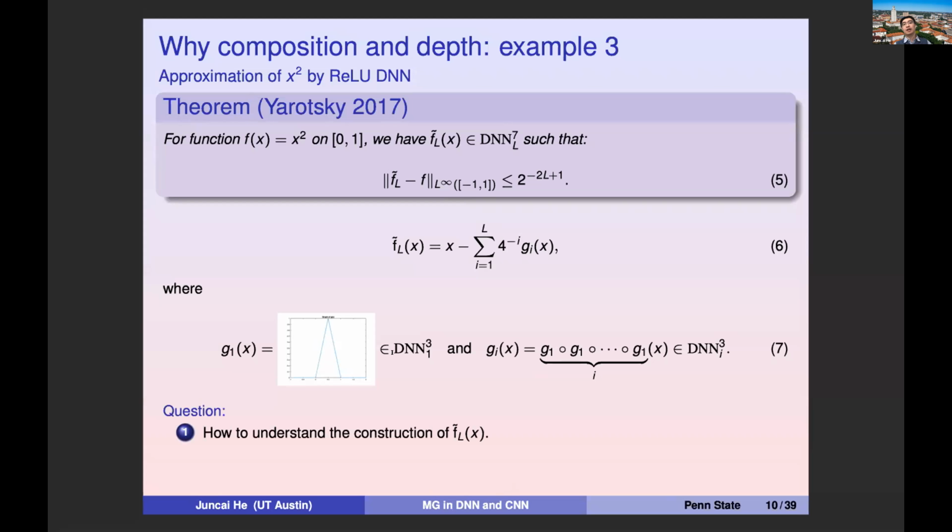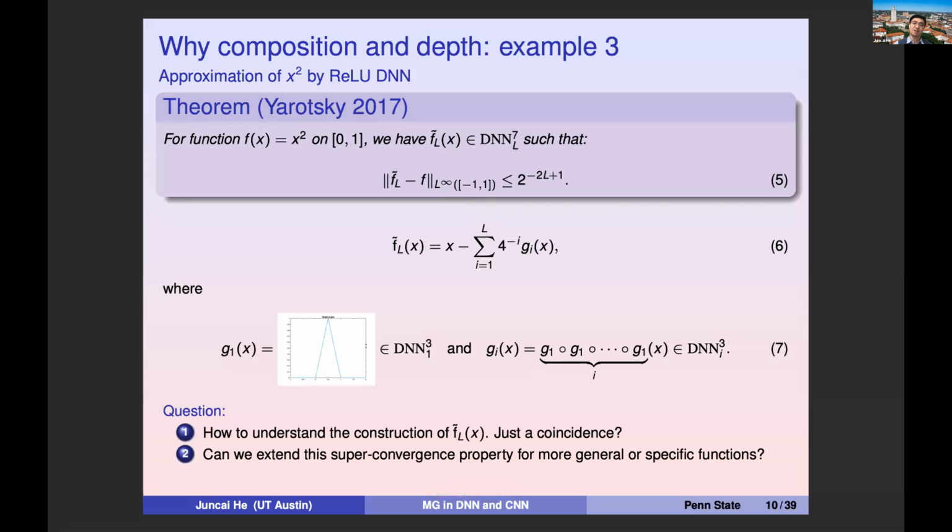The following question is: how do we understand this kind of beautiful result? Is this result just a coincidence, or is there some intrinsic mathematical principle to guide us, or some other interpretation?